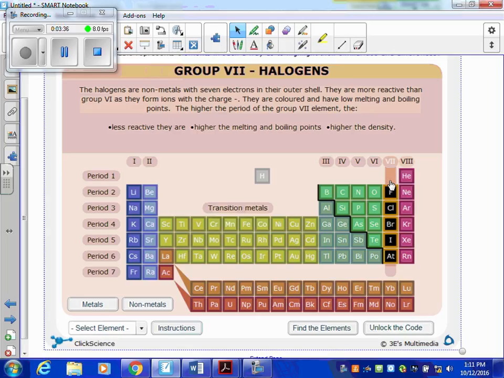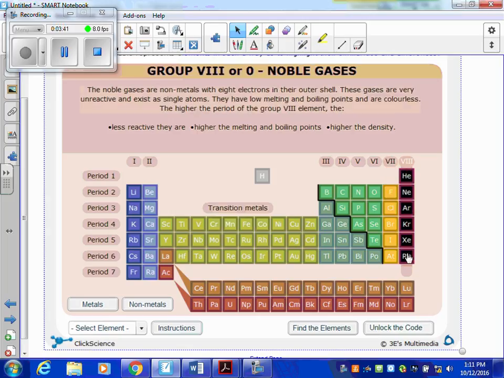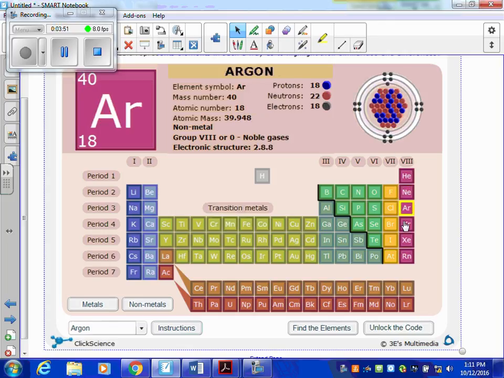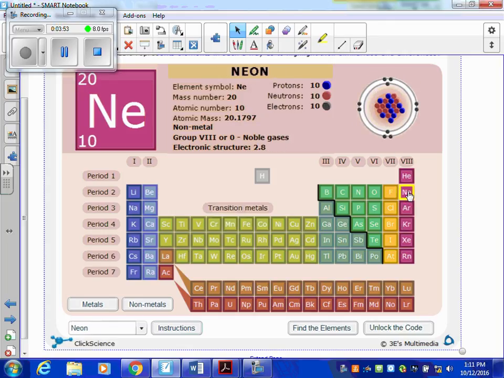We call this the halogen family. And this is the noble gases. The noble gases are all gases, obviously, and they're popular for having 8 electrons in the outer shell. All of the elements have 8 electrons. They're famous for having 8 electrons and not wanting to give up or take in any electrons. They stand alone.